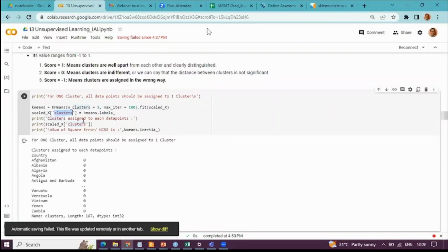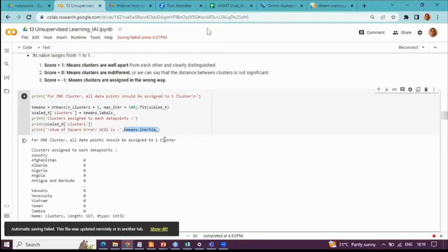So we are printing the clusters for each row. What is the cluster to which the data belongs? We are also printing what is called the within the cluster sum of squares, which is otherwise called the inertia of a k-means algorithm.